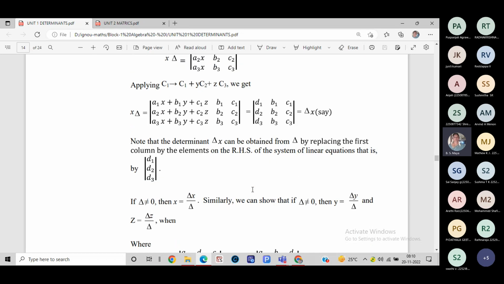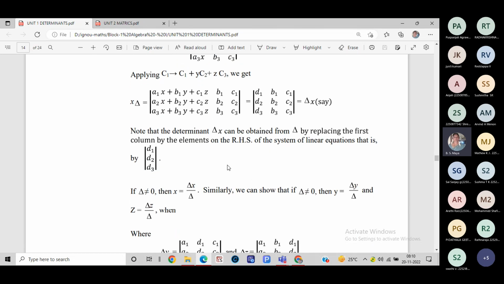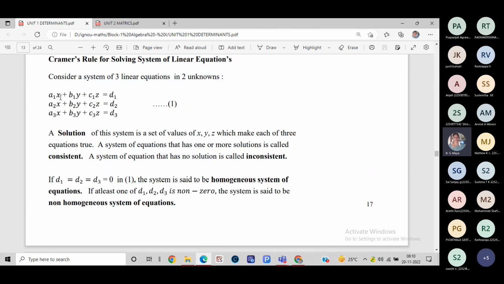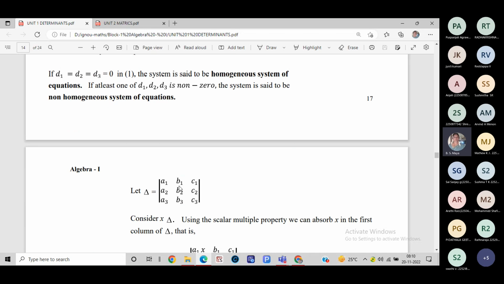The same way, whenever our intention is to find x, we should find delta and we should find delta x. What is delta? Delta is only the determinant of the coefficients A1, A2, A3, B1, B2, B3, C1, C2, C3.